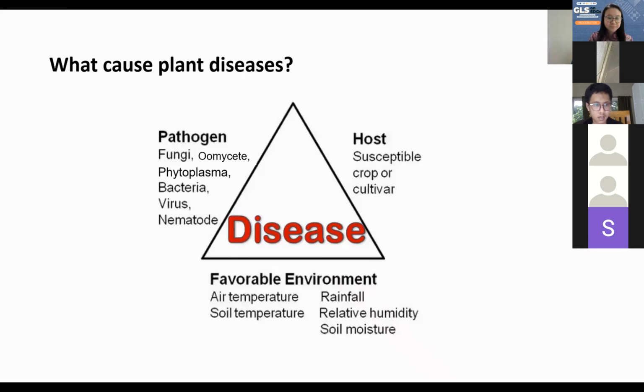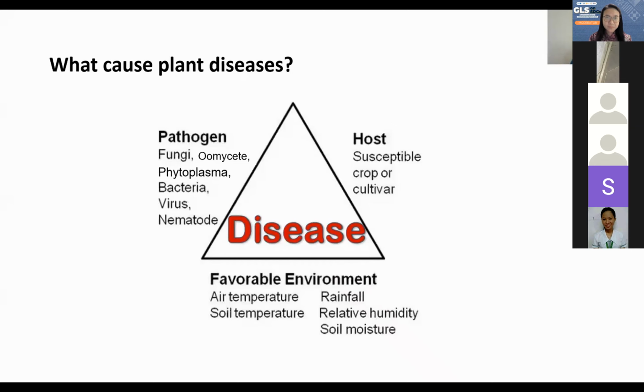That can be genetic diversity within the pathogen or within the host plant. Some pathogens are really virulent, others may not be that virulent. Some hosts may be really resistant, others may be susceptible, right?